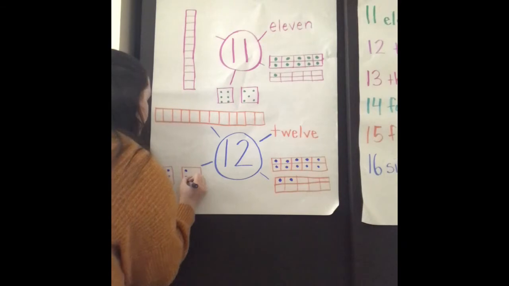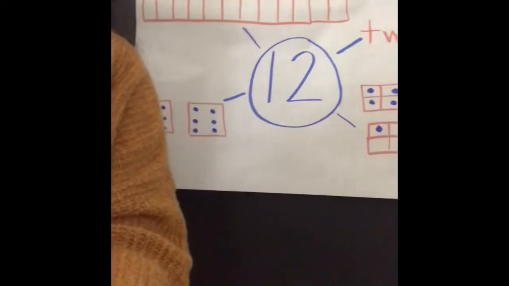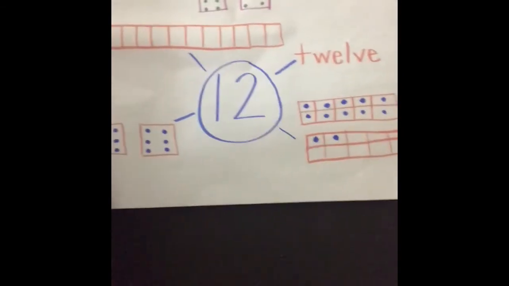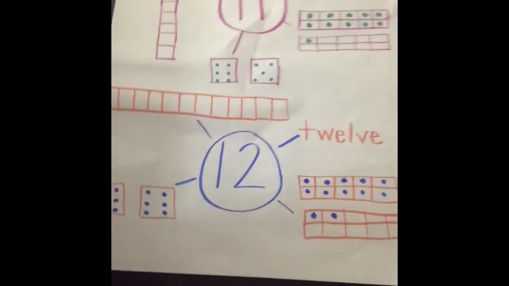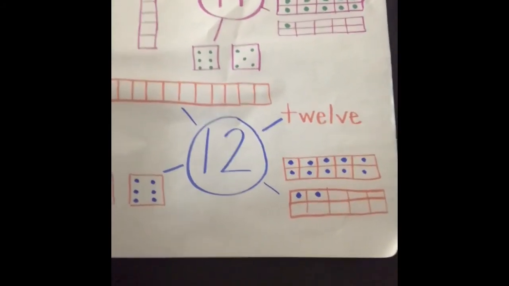And I'm going to need 2 of those dice with 6 on it in order to make 12 dots with my dice. So those are 4 ways that I can make 11 and 4 ways that I can make 12.